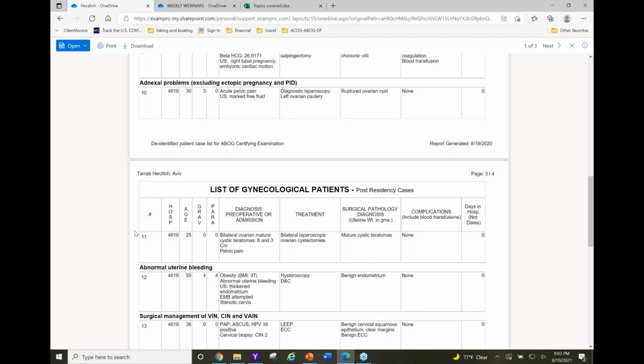So tell me, regarding mature cystic teratomas, what are they? So it's a benign tumor that originates from the ectoderm, and usually it will contain multiple types of tissue, such as some gelatinous content, hairs, maybe some component of bones.